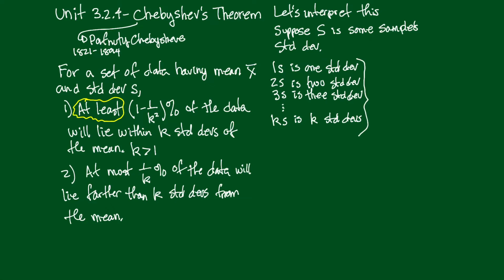So what this is going to say is this. The first one, I could write x bar plus 1s. This is 1 standard deviation from the mean. If we write x bar plus 2s, that is 2 standard deviations from the mean.